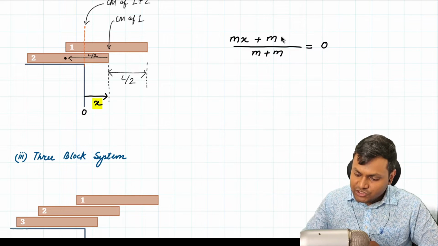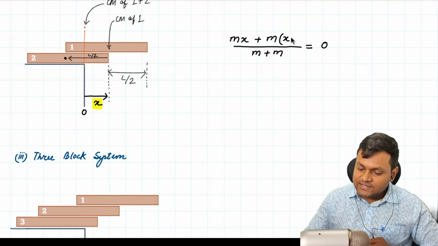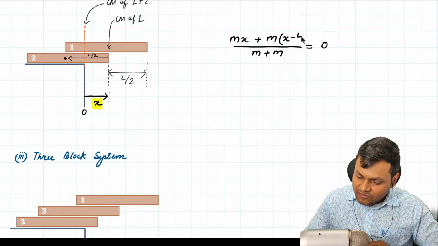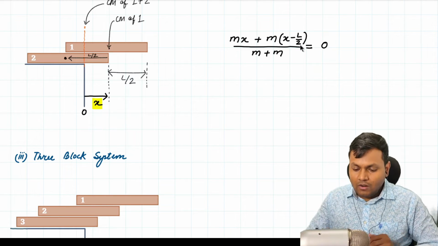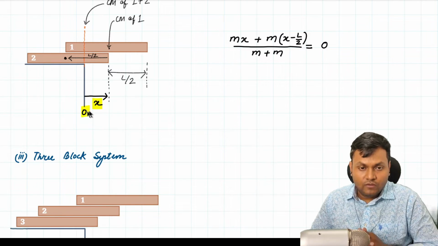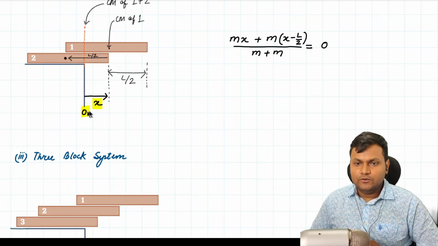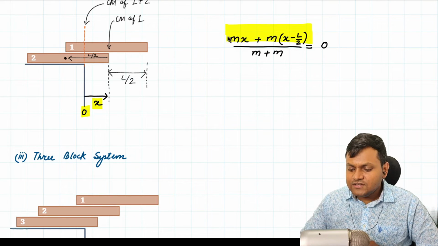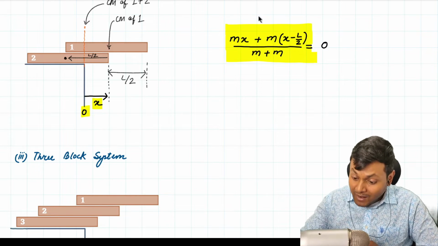Now, since the edge of block 2 is at x from our coordinate reference, and the center of mass of block 2 is at a distance of L by 2 in the opposite direction, according to our coordinate with respect to 0 of the edge, the center of mass of block 2 is at x minus L by 2. So this entirety gives us the center of mass of both the systems 1 and 2 combined.